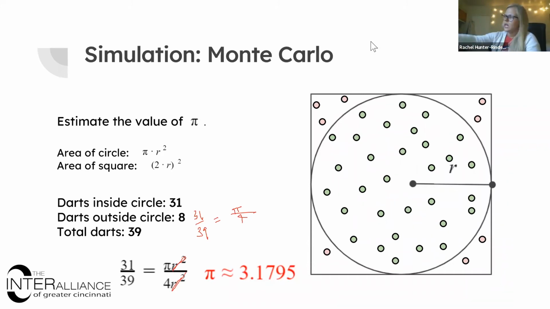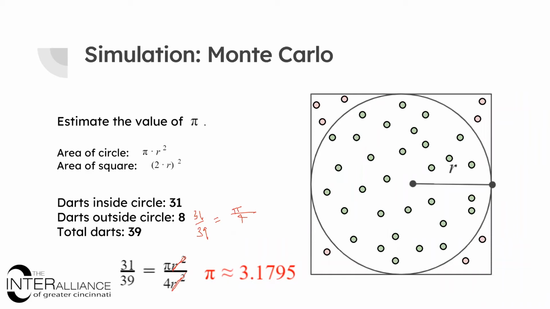And if you can imagine throwing, so we threw 39 darts. Imagine throwing 100, 1,000, 1,000,000 darts, by which I mean generating that many random numbers, we could get a better estimate of pi. So the concept of simulation is that we use random inputs, do some kind of processing to them, and that helps us understand a representation of the real world.